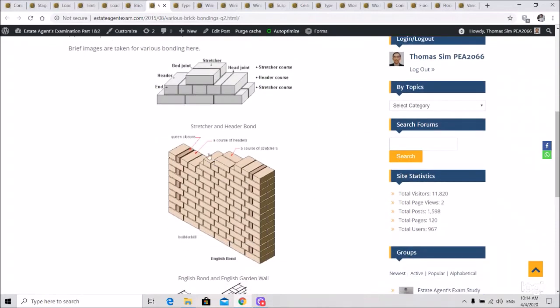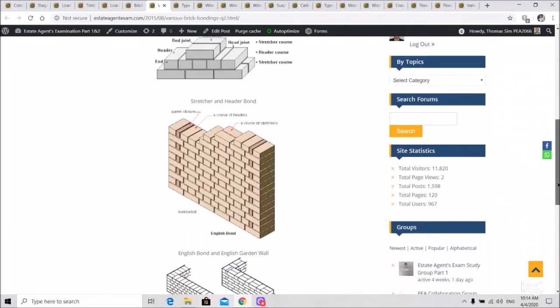In this pattern, you can see this is the header side, and then this is the stretcher side. So one layer is all on the stretcher side facing up, and the other layer is all the header side facing up. So this is called English bond. English bond in this way is actually the strongest bond out of the many ways of bonding.